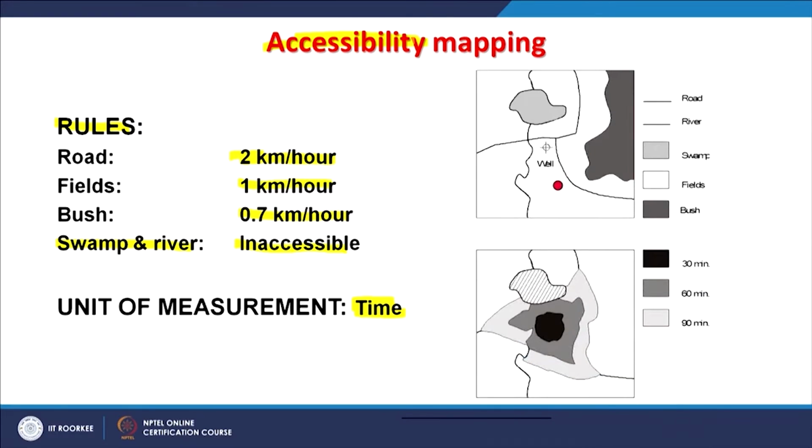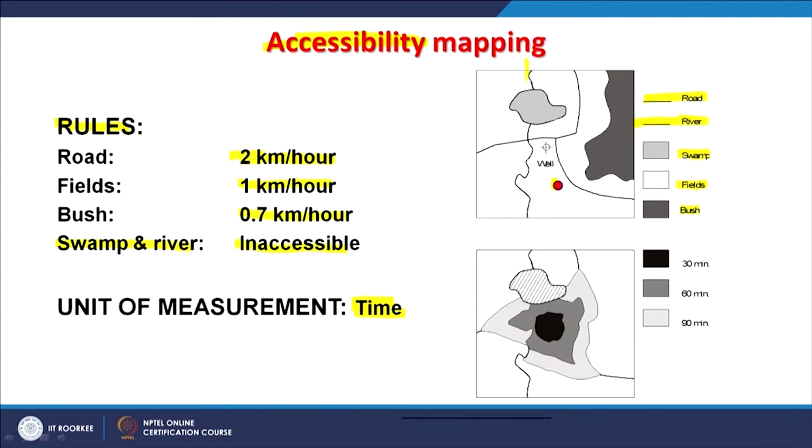Now, let us take an example. Here there is a groundwater well, and we have a land use map where we have the swamp, and we have fields, where the travel speed is 1 kilometer per hour. Then we have information about the swamp, and we said these are inaccessible, so nobody will travel through. We also have a river network, a stream network, and a road network.